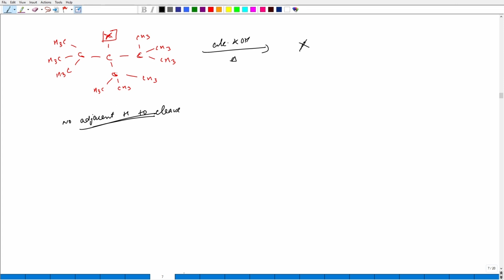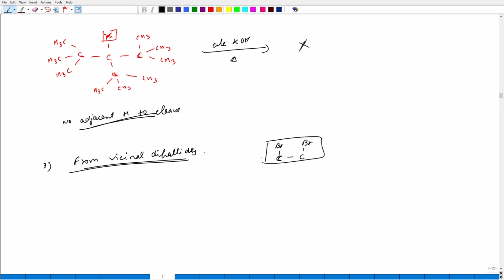Okay. So, the next synthetic method we have is from vicinal dihalides. What are vicinal dihalides? These are where the halides are present on the adjacent carbons.